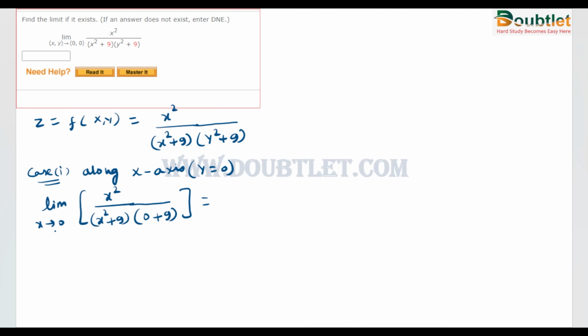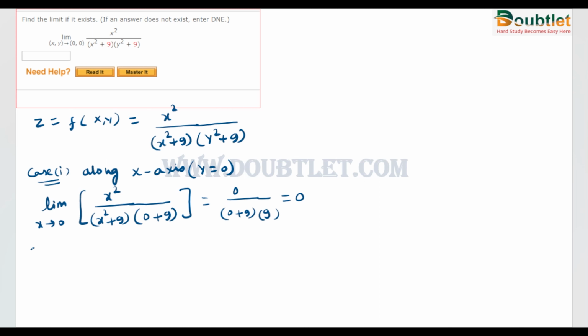Now if we put the limit value x tending to 0, it will become 0 divided by 0 plus 9 multiplied by 9. So it will become 0. So along the x axis the limit is 0.